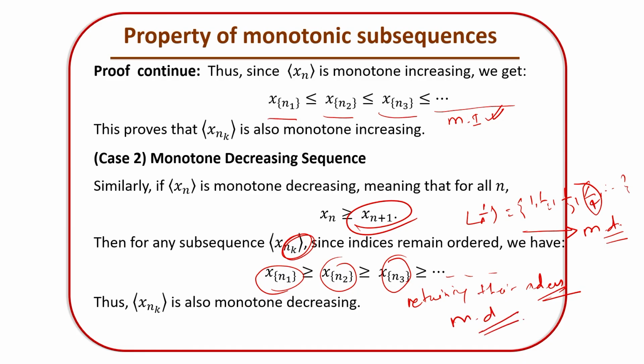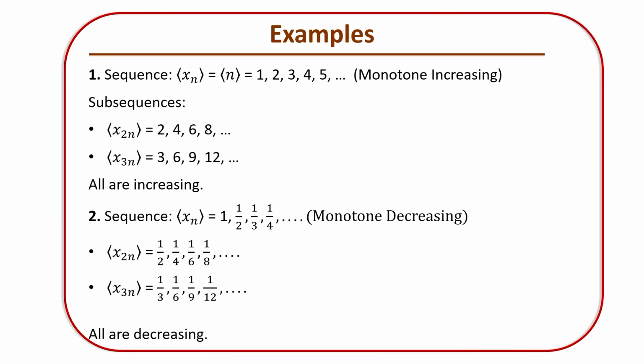These are the proofs using the orders and the monotonic increasing and decreasing conditions. If a sequence is monotonically increasing, then every subsequence is monotonically increasing. If a sequence is monotonically decreasing, then every subsequence is also monotonically decreasing.